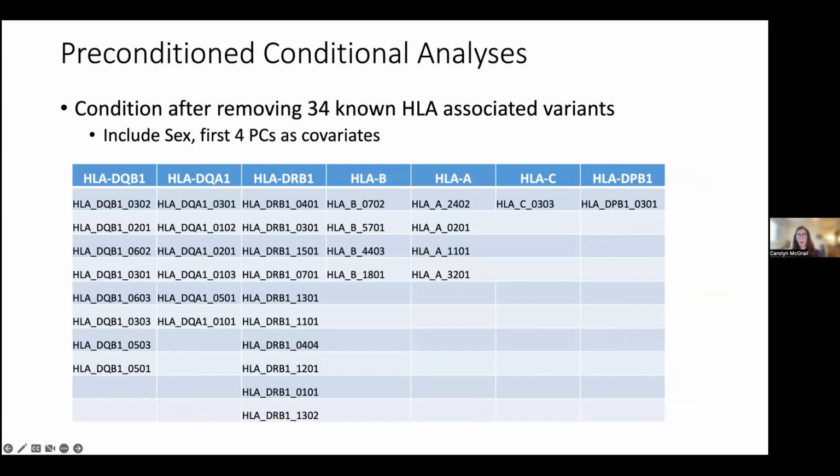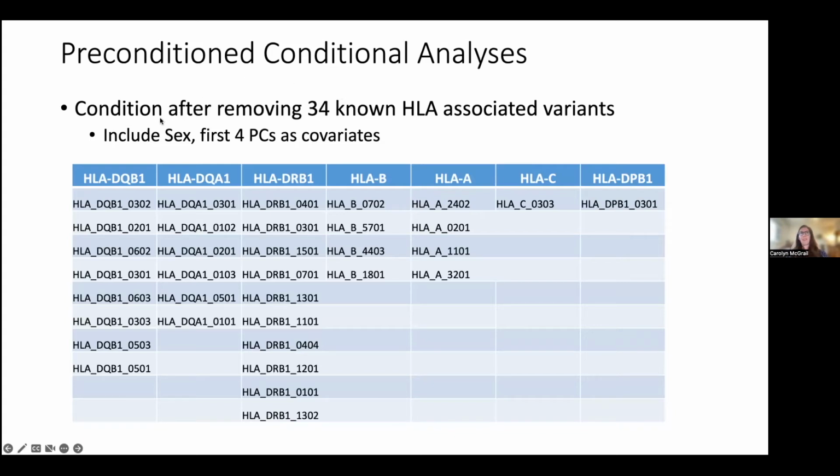So while we have performed stepwise regressions and the SuSiE regressions on all of the data, and we identify about 30 or so independent signals, what we wanted to really work on is trying to clarify whether we can find true non-coding signals. And to this end, we then also performed a preconditioned conditional analysis, which is a mouthful.